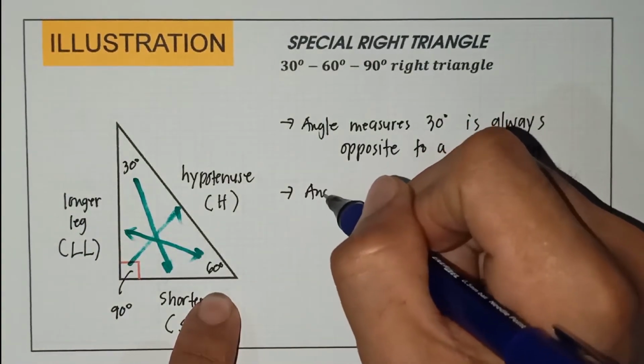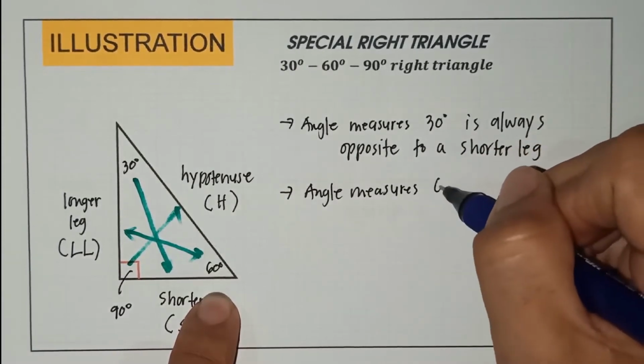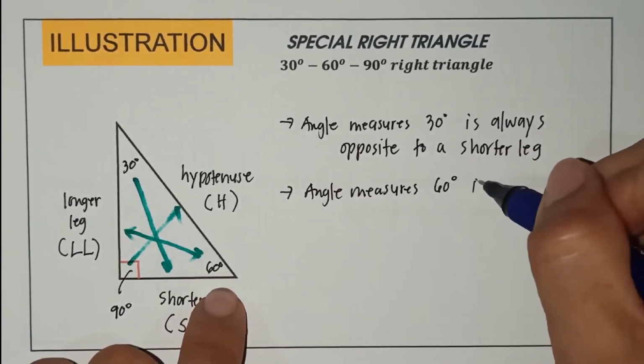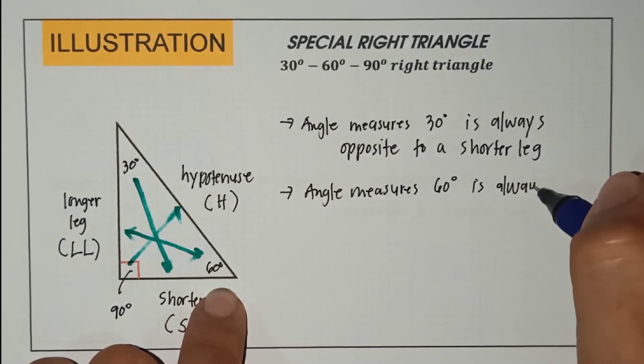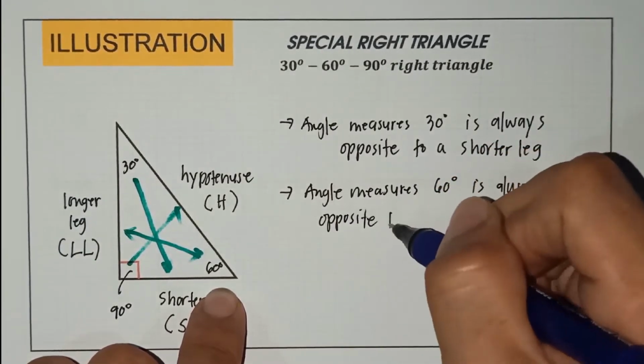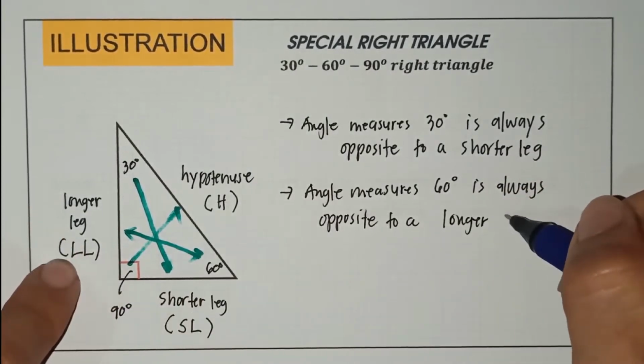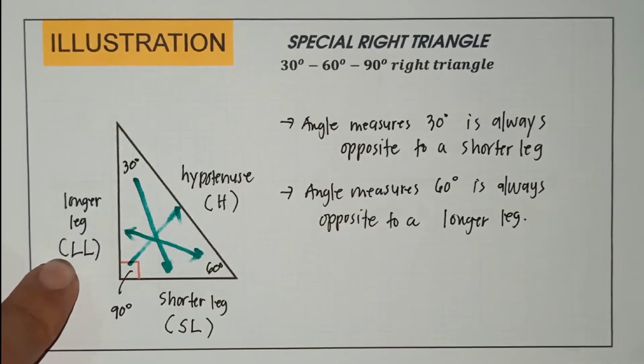And the angle that measures 60 degrees is always opposite to a longer leg.